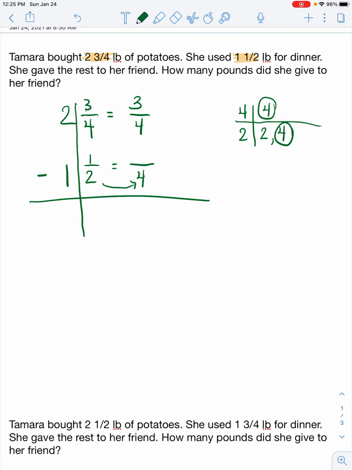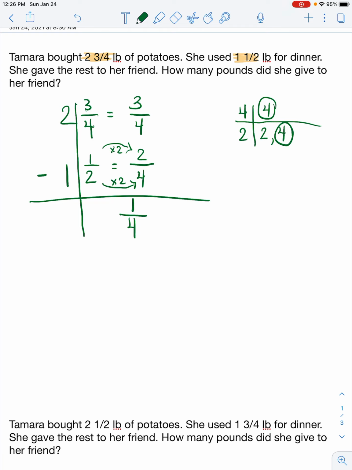But let's say we forget that. We're going to multiply 2 by 2 to get 4, and then multiply 1 times 2 to get 2. Well, the subtraction here is simple. We're going to keep the same denominator, and subtract 3 minus 2, which will give us 1.